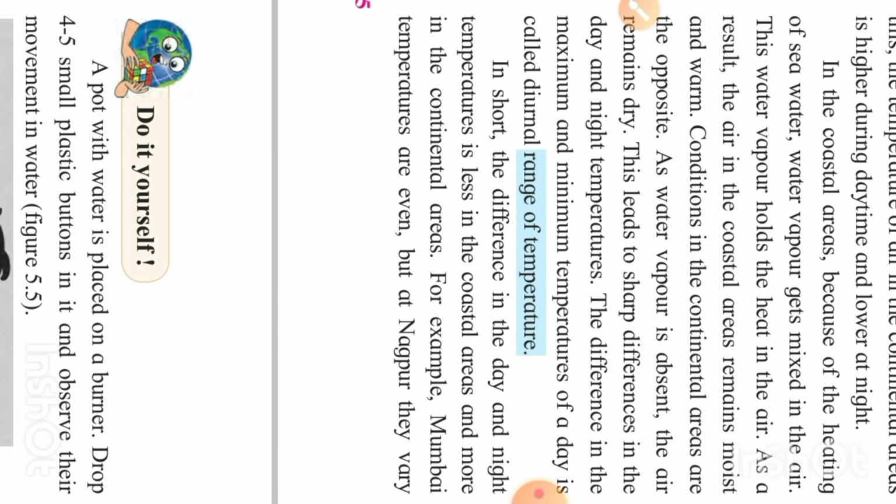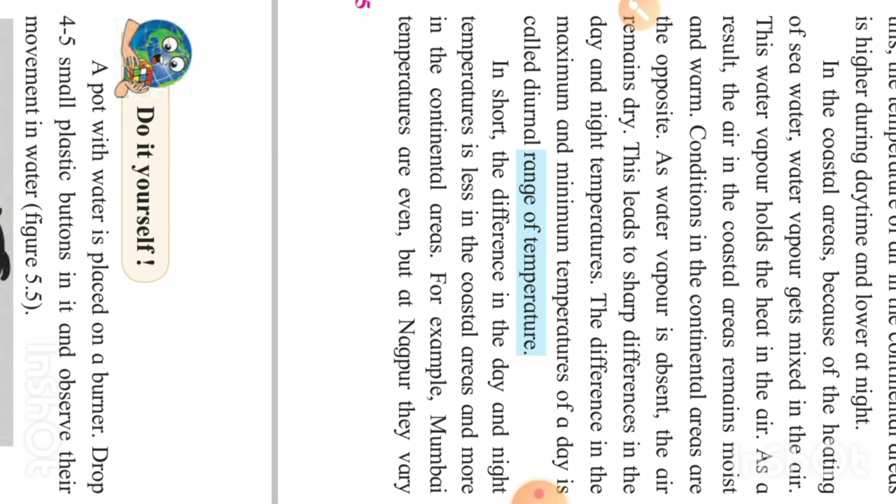This water vapor holds the heat in the air. As a result, the air in the coastal areas remains moist and warm. So you will feel the moisture and warmth in the coastal area.